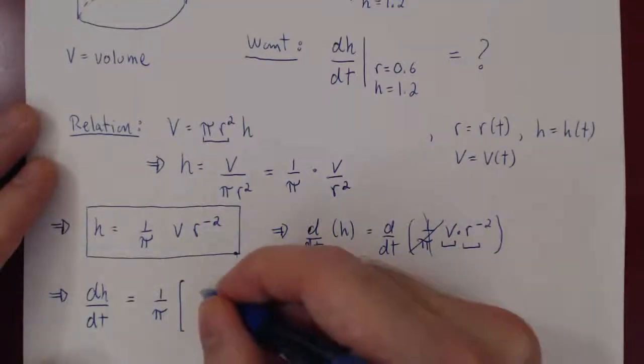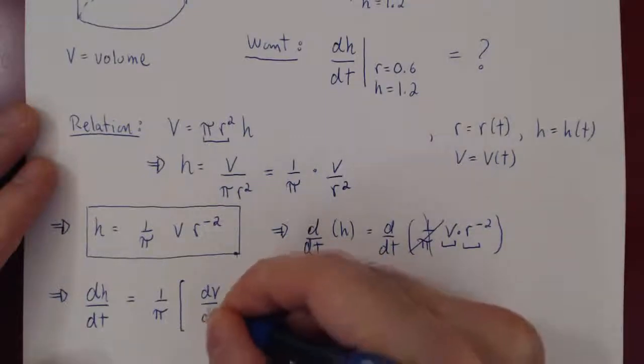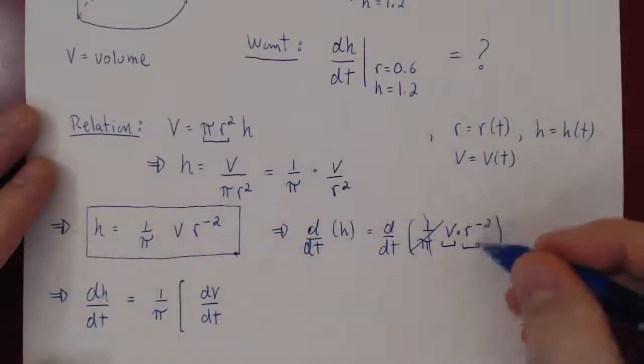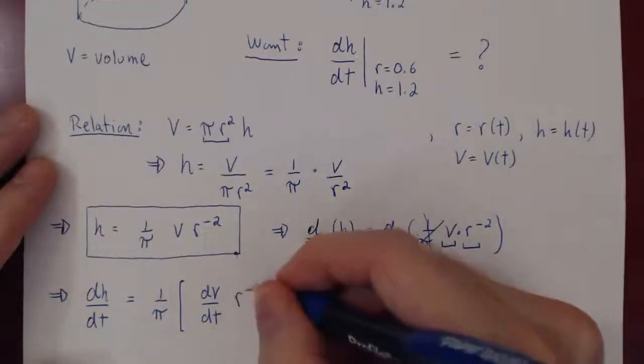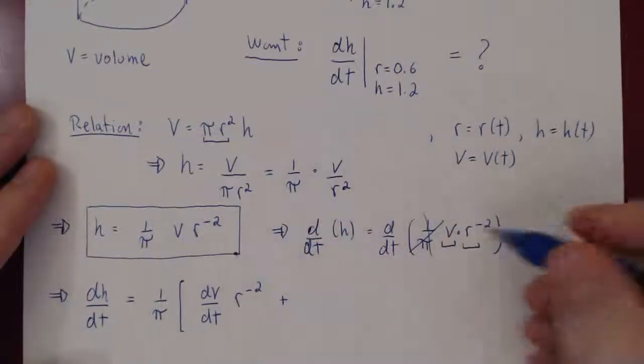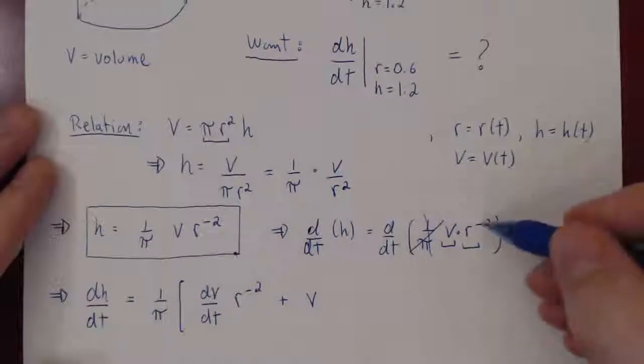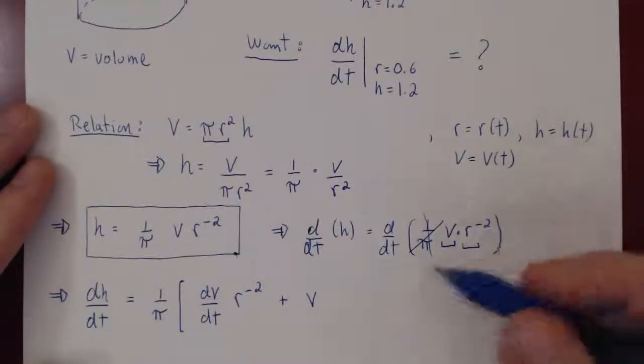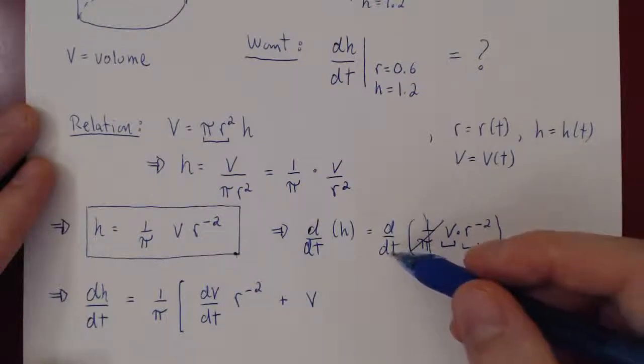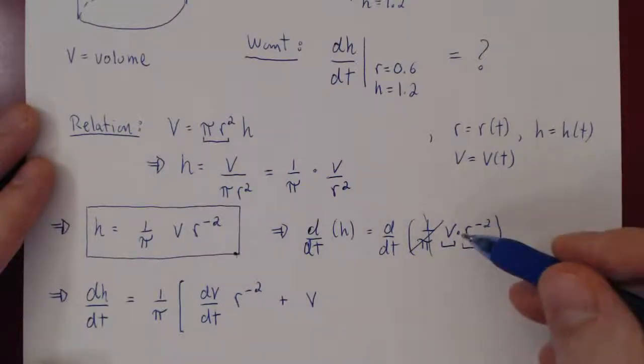So dv over dt times the second function, r to the negative 2, plus the first function v. And here you have to be careful. You differentiate r to the negative 2, but not with respect to r, but with respect to t. So be very careful here with the chain rule.